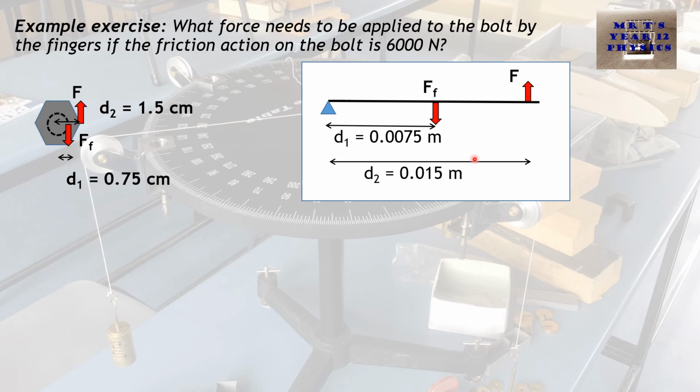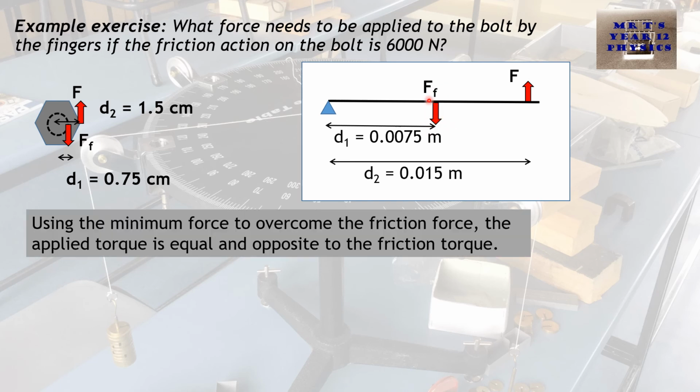Now here's how it works. If I want to start turning this anti-clockwise, then I need to make the torque going anti-clockwise at least as big as the torque going clockwise. So that's our minimum threshold.